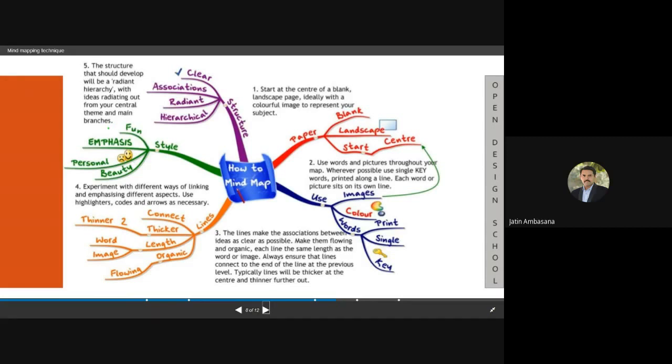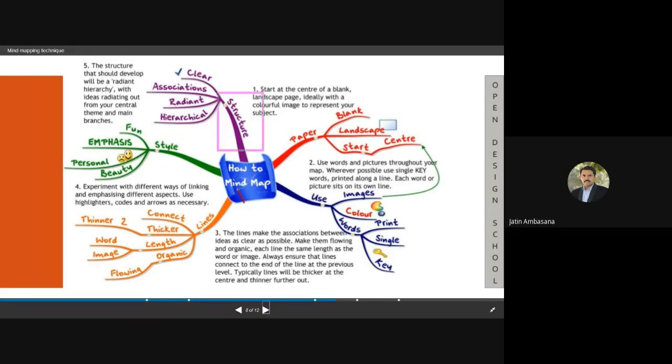And the last one, okay, the last one deals with the structure that should develop. It will be a radiant hierarchy. The structure should have a radiant hierarchy, with ideas radiating out from the central theme and main branches. Okay, so see here the structure is focused.